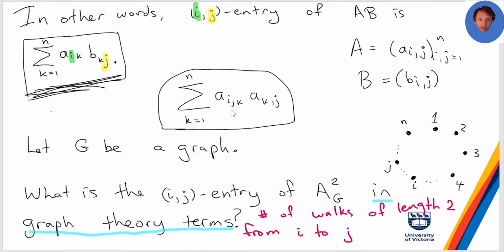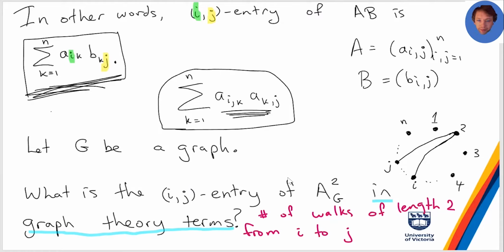In an adjacency matrix, the i-to-2 entry is 1 if and only if that edge is there, and then 2 to j is 1 if and only if that edge is there. So every term here where I get a 1 corresponds to a vertex which is between i and j on a walk of length 2.